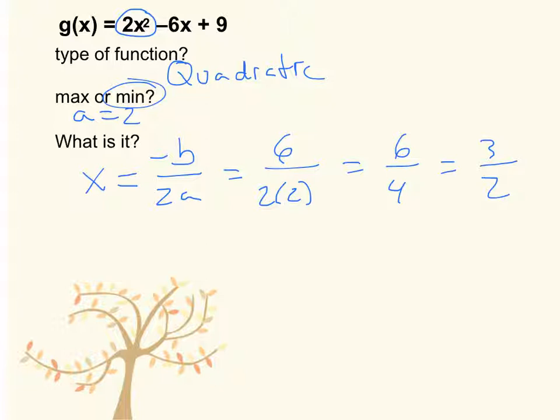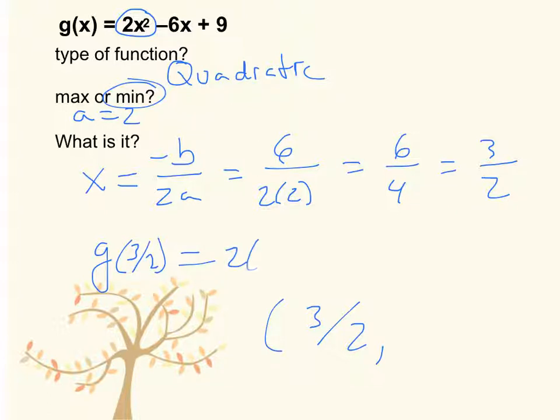Now if we wanted to figure out the other coordinate, the y value, I would do g of 3 over 2 plus 9, and that is how we would figure out the y value.